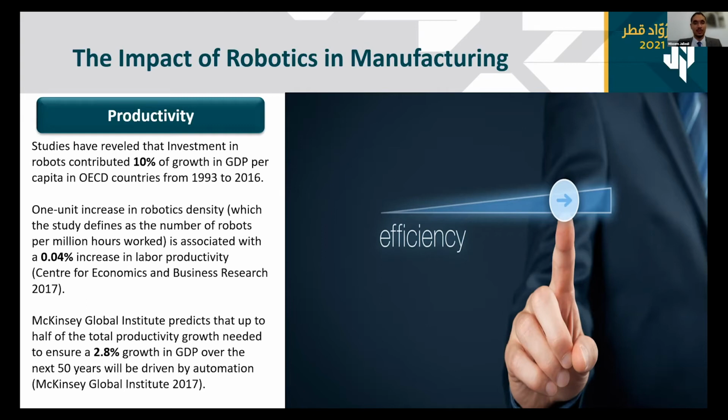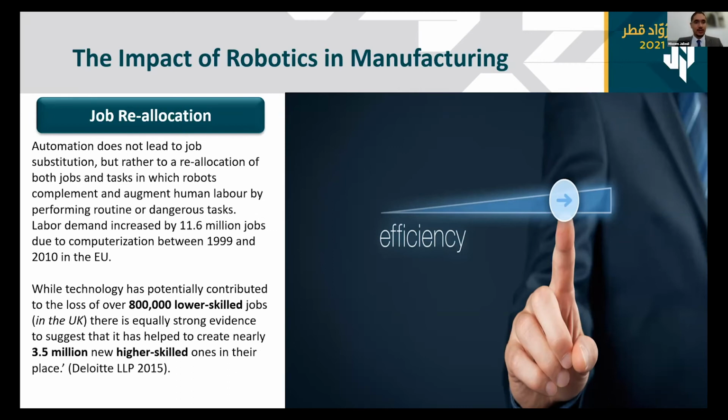They don't complain or get tired, and especially they can do dangerous work in hazardous environments. McKinsey Global Institute predicts that up to half of the total productivity growth needed to ensure a 2.8% growth in GDP over the next 50 years will be driven by automation.